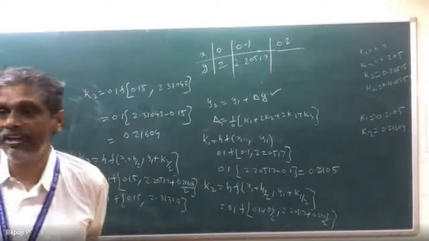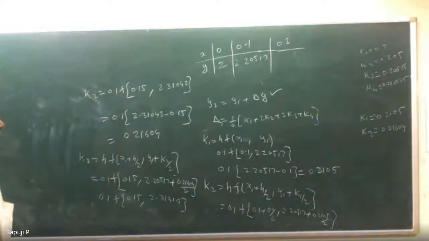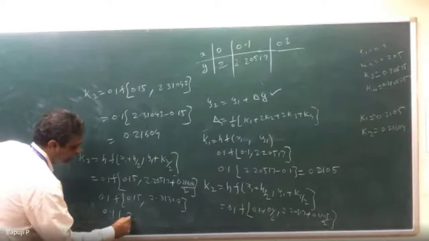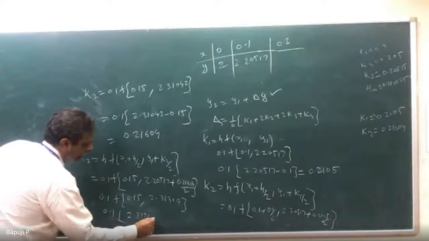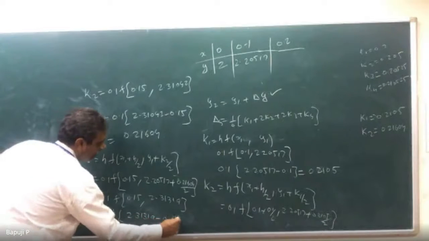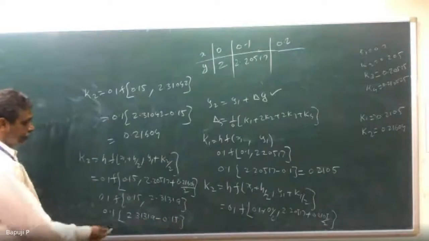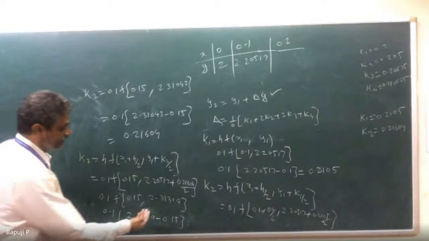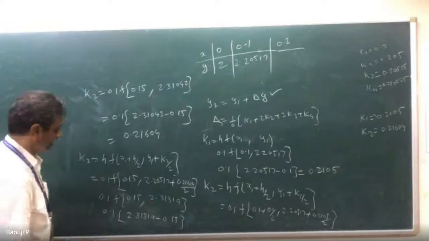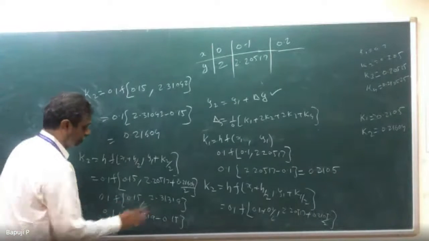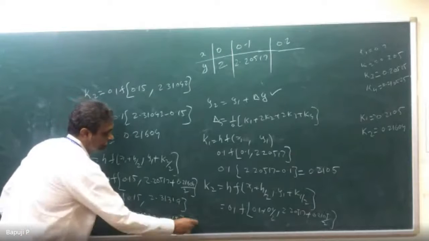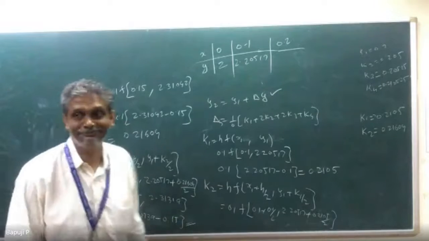Y minus x. Right? Now y minus x: 2.31319 minus 0.15. Up to now I am writing functional value only. Some textbooks will write y1 minus x1, but I am writing function of x comma y only. That is my function of x y, y minus x. Now you find the value.